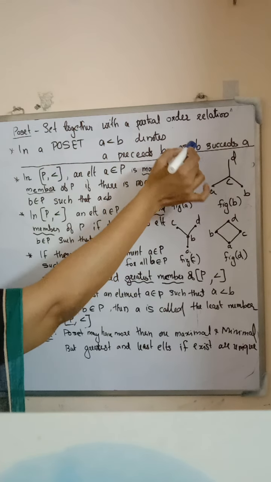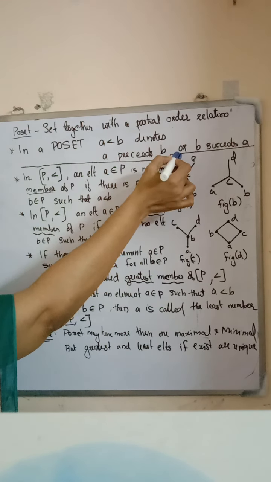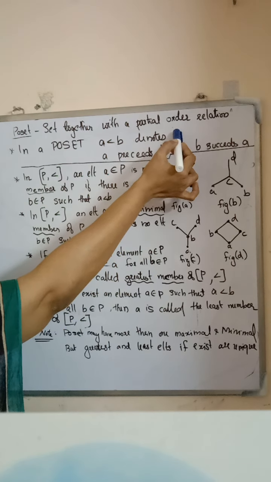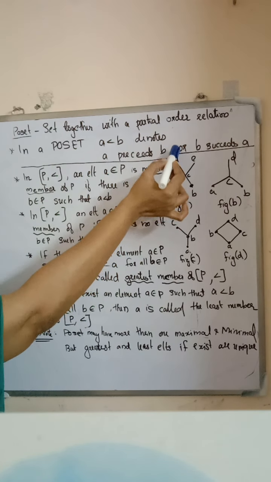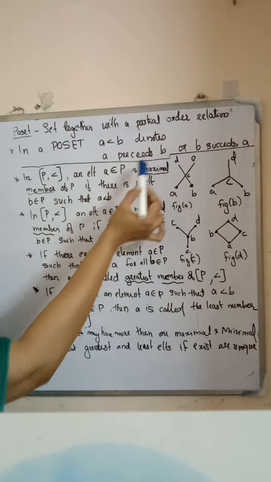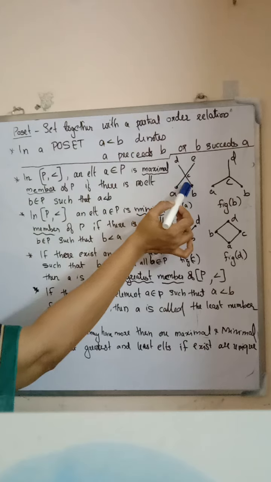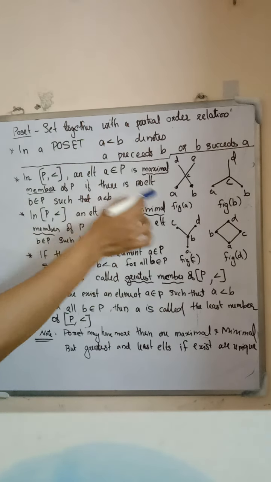Also E is not a predecessor of any other element. We couldn't find another element such that D is less than that element. So D and E are maximal members of this Hasse diagram or this poset.